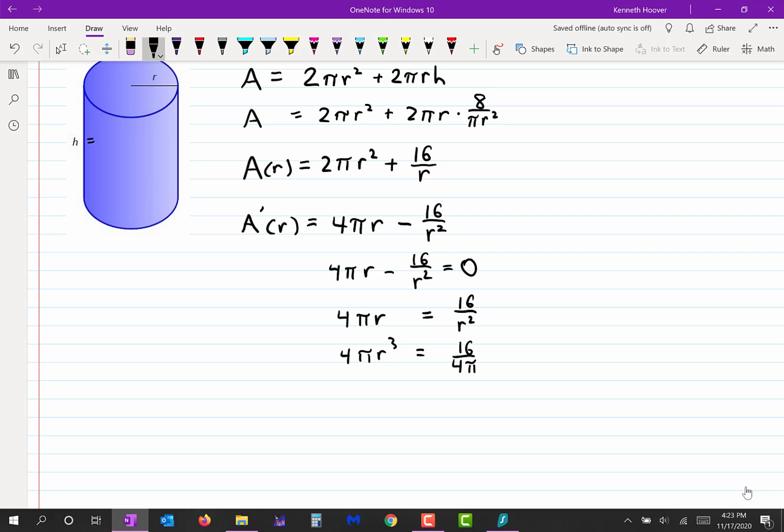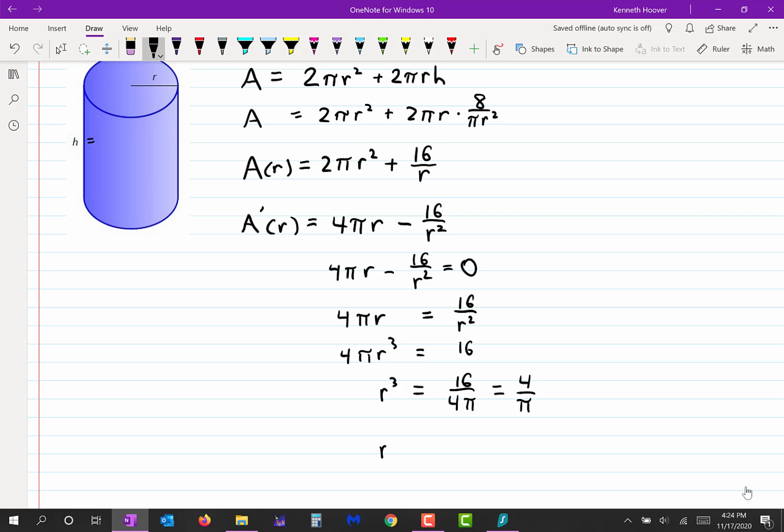Sorry, not yet, just 16. Then we divide by 4 pi. And we get r cubed equals 16 over 4 pi, which is, of course, 4 over pi.